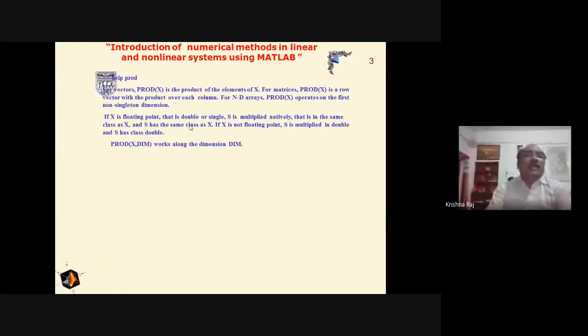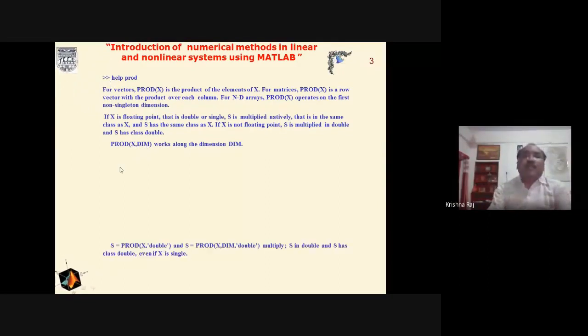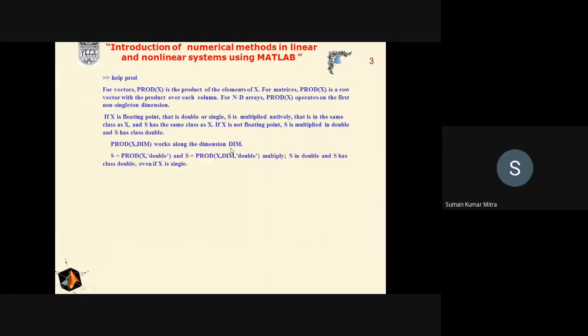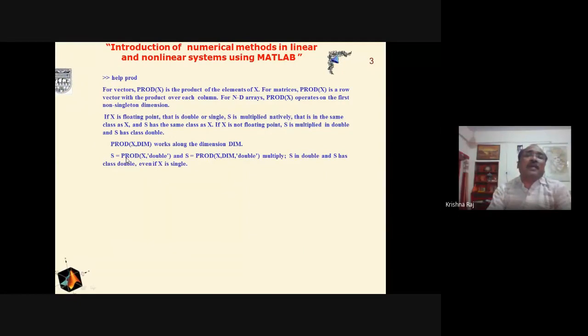Now, if we write the product command with the vector X and the dimension is given, then it will return along that dimension. And if we write product X double, as we have discussed, we will get a double precision result.